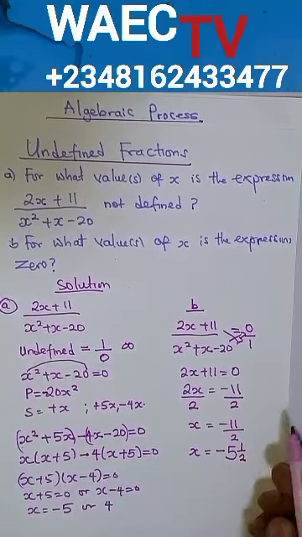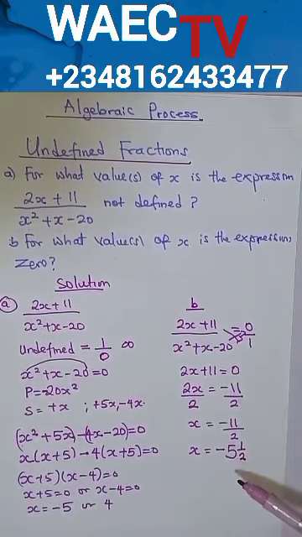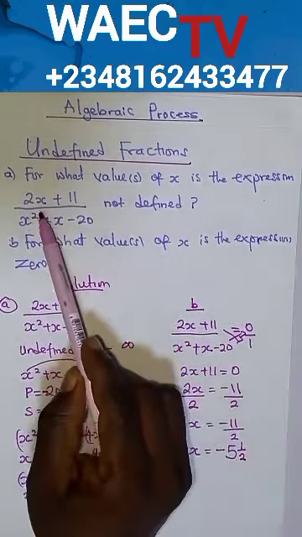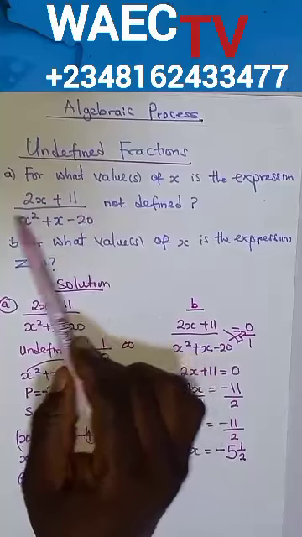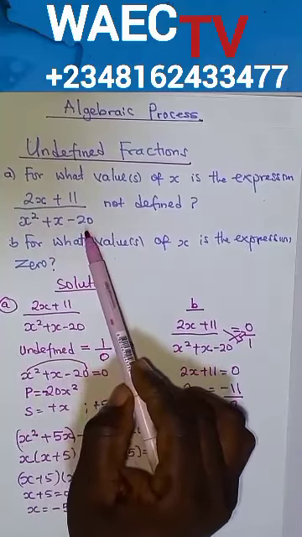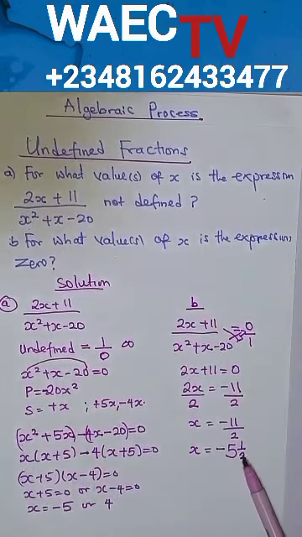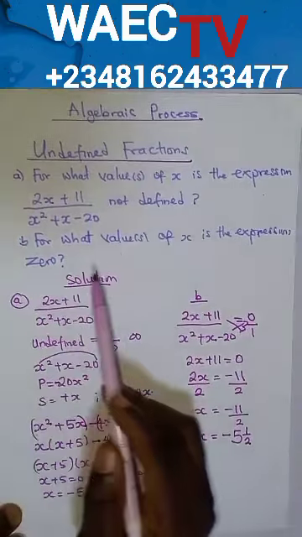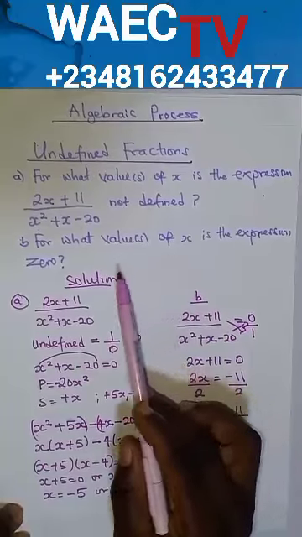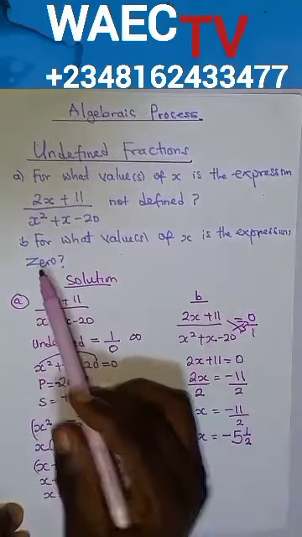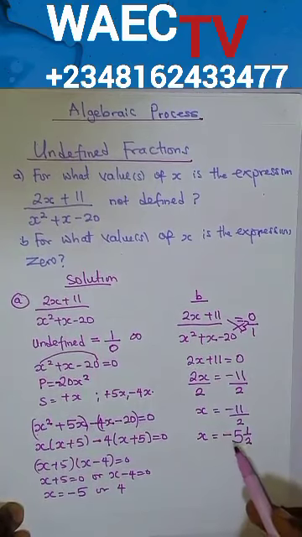So what that means is that we only have one value of x for which this expression, 2x plus 11 over x squared plus x minus 20, is 0. The value of x for which this expression is 0 is x equals minus 11 over 2.